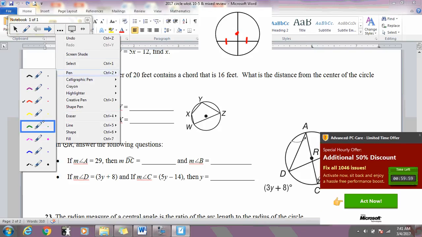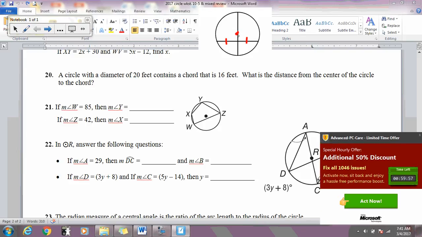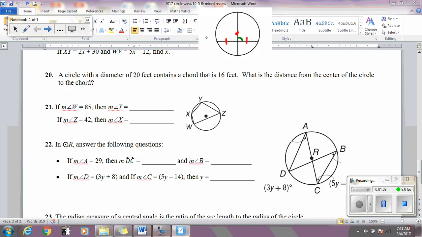So at the intersection I expect a right angle, because again, that's what perpendicular means, folks. So if the chord, I'm sorry, is 16 feet, that means each half is 8.